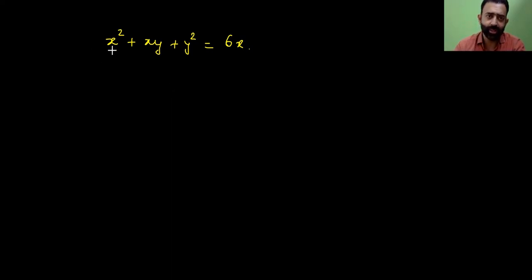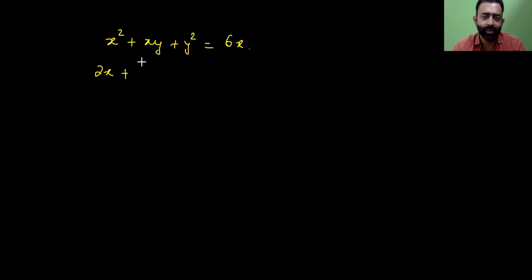If I differentiate x square with respect to x, you get 2x. Then x is a variable, and y is again a dependent variable whose value depends on x. So we will differentiate this y also with respect to x. Now how to differentiate y with respect to x? You cannot get any value, so you just write dy by dx. As these two functions are in multiplication, we will apply the product rule.